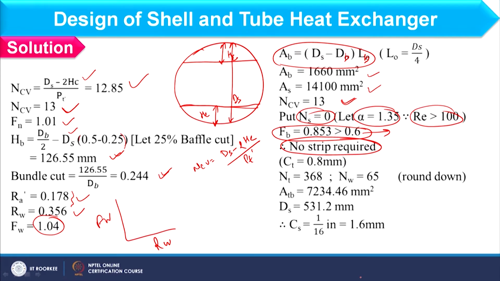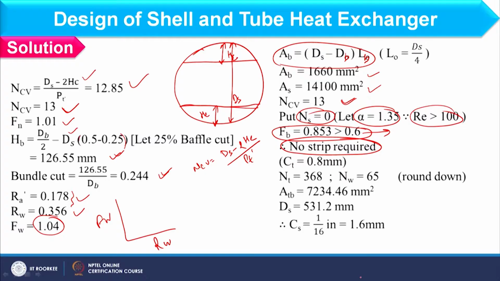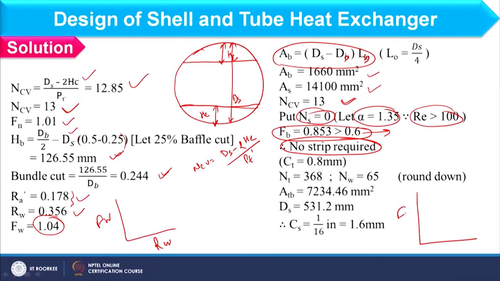Okay. So here I am considering FB value as 0.853 only, but here you should find revised FB value from the graph, and that graph is between FB and AB by AS. So the value you can obtain from this graph depending upon the Reynolds number, and that value you should consider as final FB value.